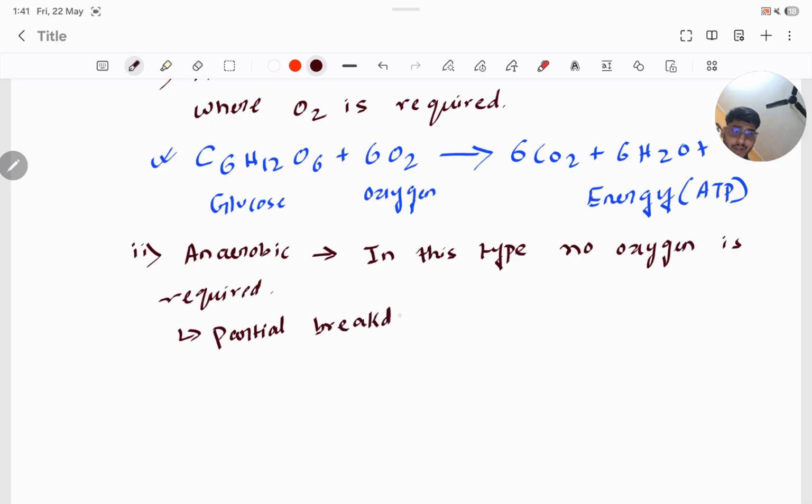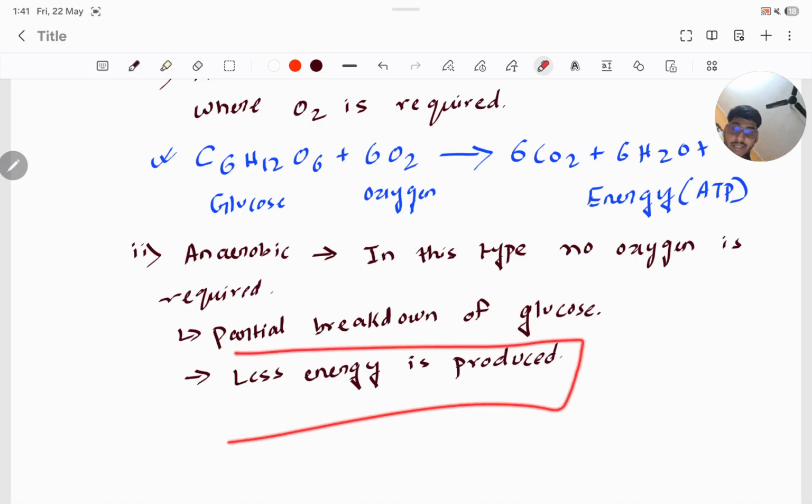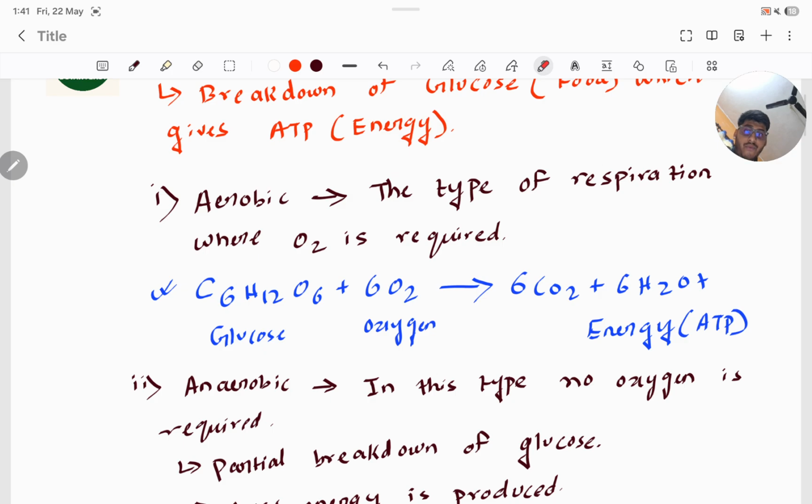Another very important point is less energy is produced. In case of anaerobic respiration where there is no oxygen getting used, less energy is being produced, whereas in aerobic, where oxygen is used, more energy is getting produced.